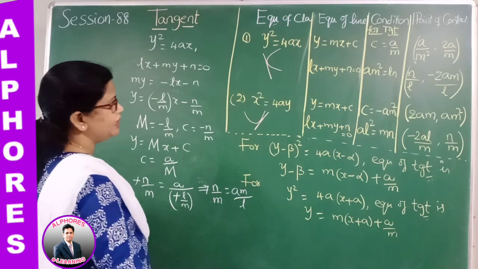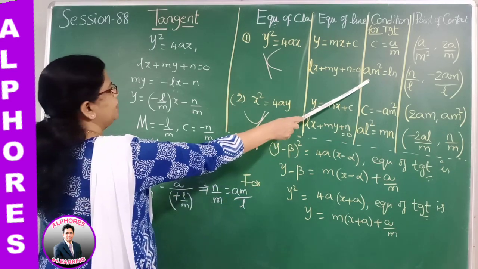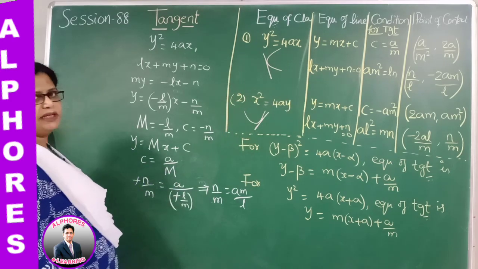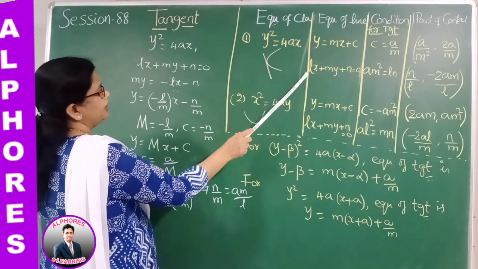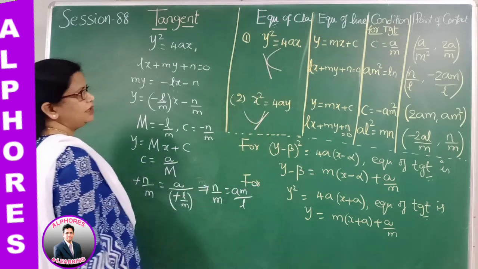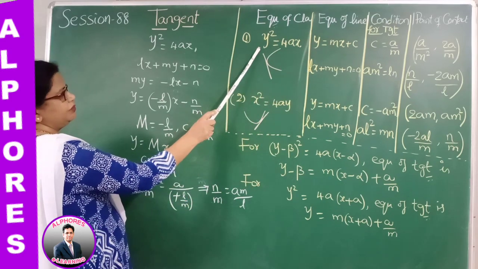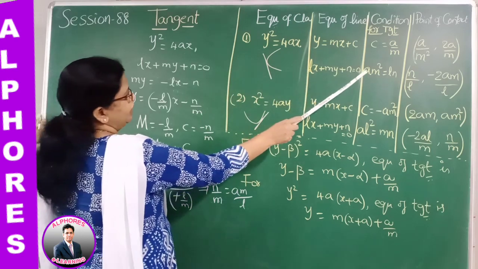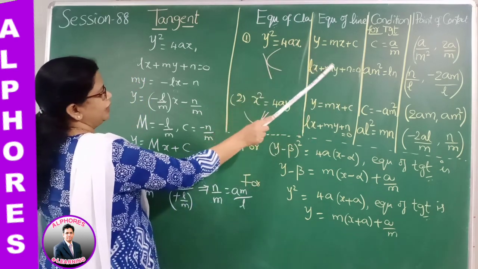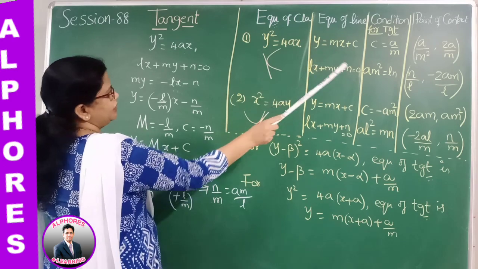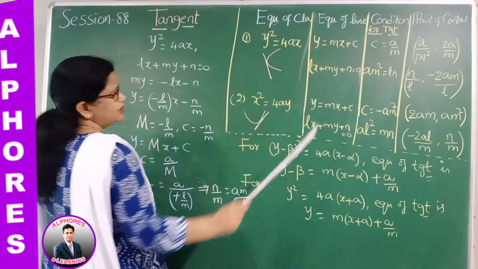So that is the condition for tangency when the line is lx plus my plus n is 0. Therefore if the line is of this form like 2x minus y plus 3 equal to 0, which is a tangent to this kind of standard form, then directly you can write am square is ln. A is from here, m is the y coefficient, L and n are the x coefficient and constant respectively.